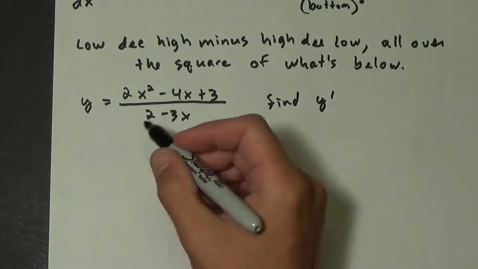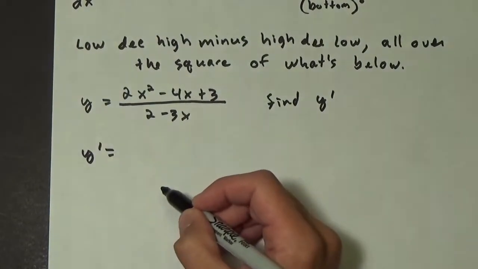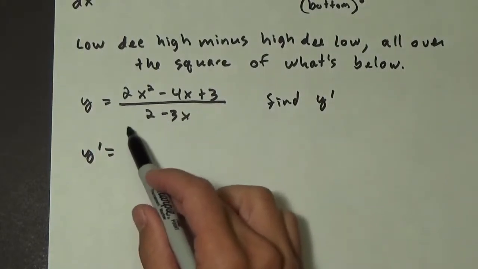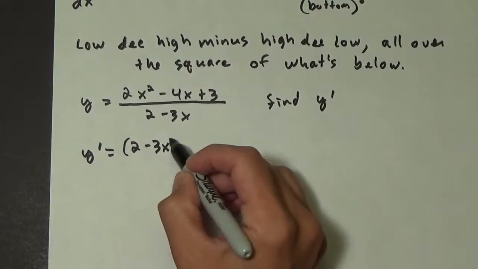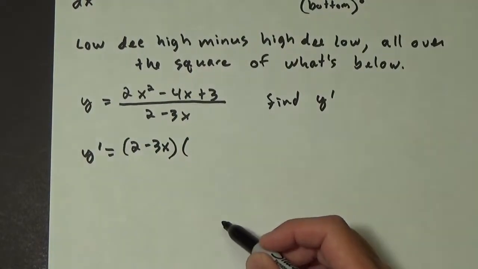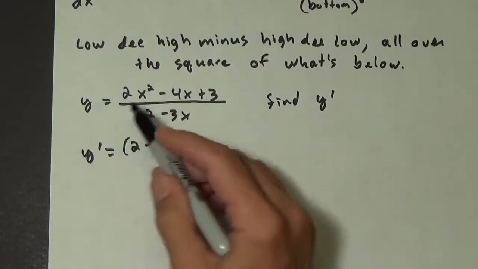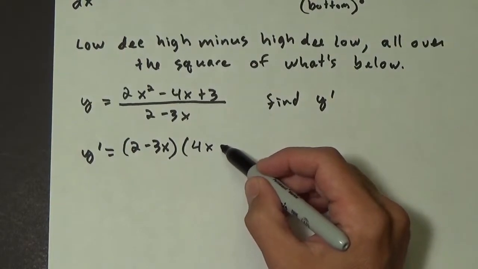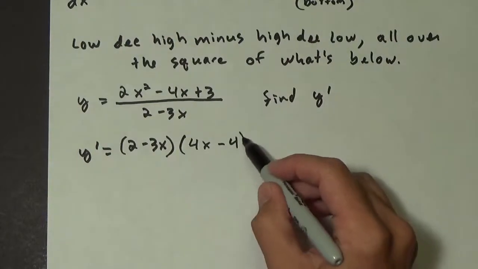So to do that, we take y prime. Alright, so let's go through this. We have the bottom, which is 2 minus 3x. We just rewrite that again. And then we need the derivative of the top. The derivative of 2x squared is 4x. The derivative of a negative 4x is a negative 4. And the derivative of 3 is 0.